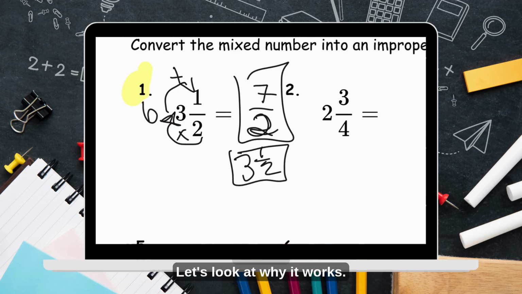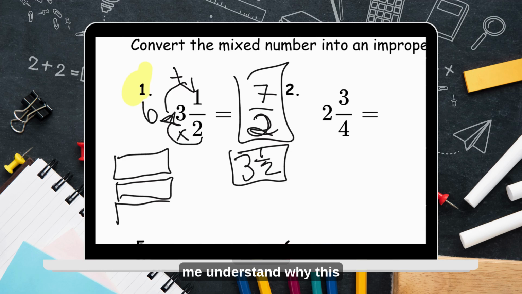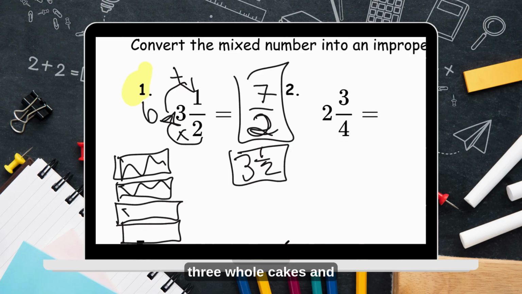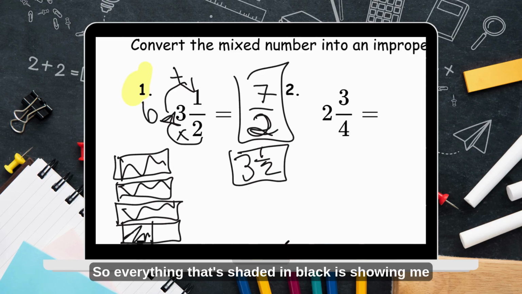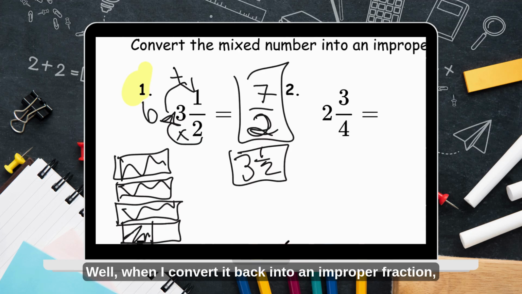That's how it works. Let's look at why it works. With fractions, I love to draw a visual model to help me understand why this works. We can think of cake. If I have 3 sheet pan cakes, I would have 1, 2, 3 whole cakes and 1/2. Everything that's shaded in black is showing me this 3 and 1/2. When I convert it into an improper fraction, I'm really just asking how many halves are there total.